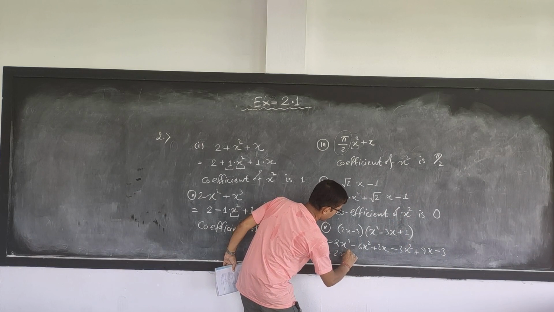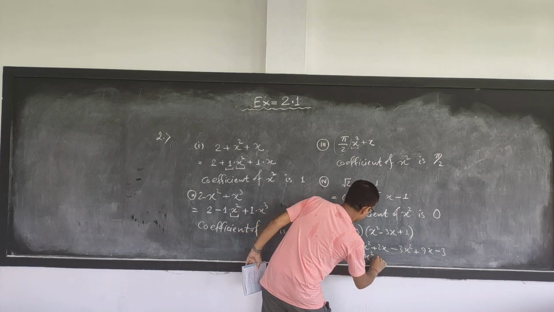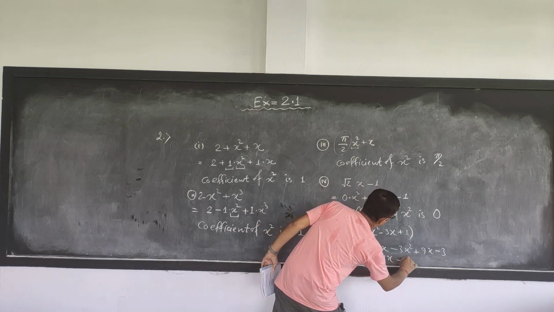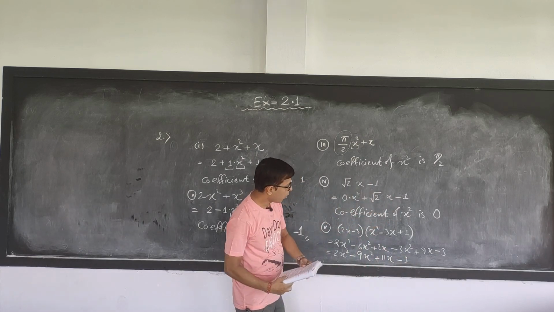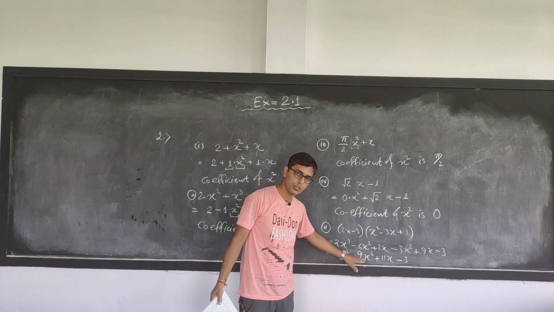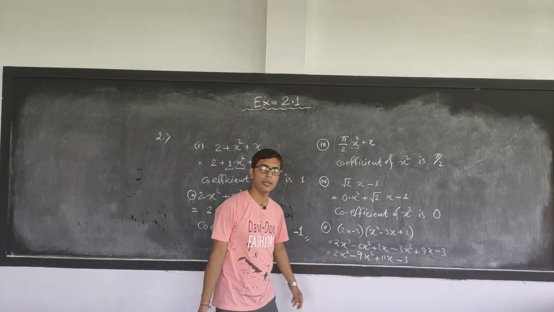So 2x cube minus 9x squared plus 11x minus 3. Look at the coefficient of x square. It is minus 9. Therefore the coefficient of x square is minus 9.